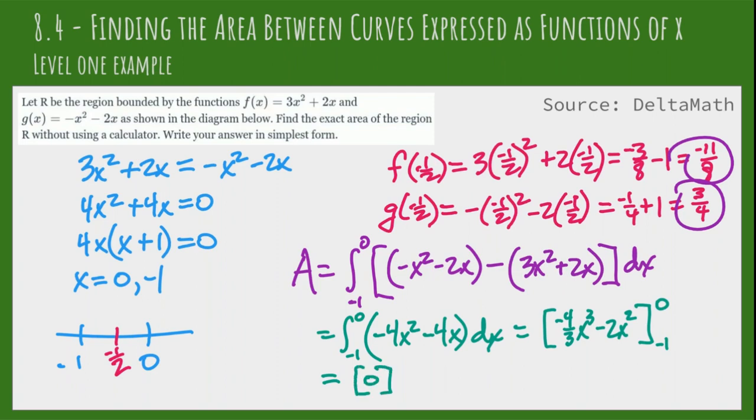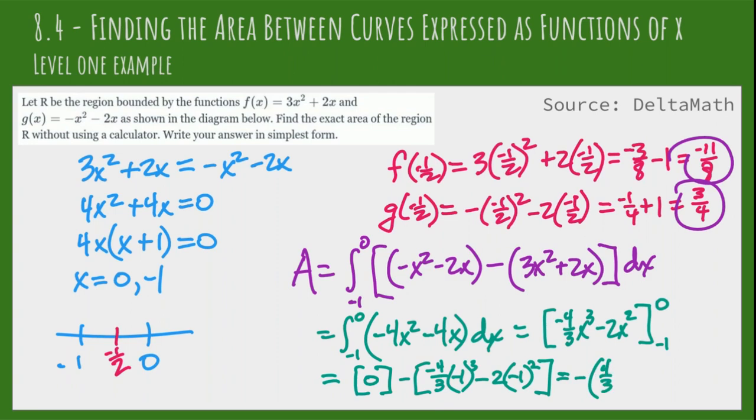Plugging in 0, we're going to get 0, minus, plugging in negative 1, negative 4/3 times negative 1 cubed minus 2 times negative 1 squared. So this term here is going to be positive 4/3, and we've got the negative out front here.